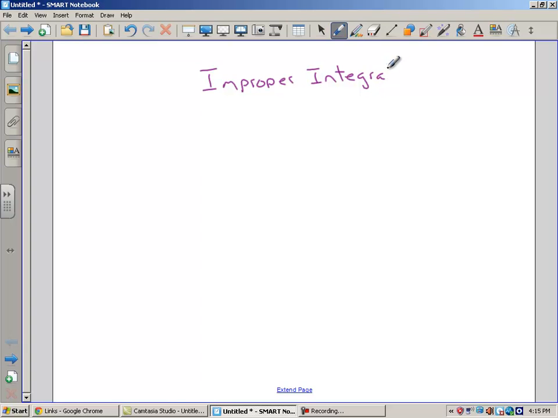Okay, so let's look at the most obvious version. Let's say we wanted to look at the graph of 1 over x squared, just the right hand side, and find the area starting at 1.